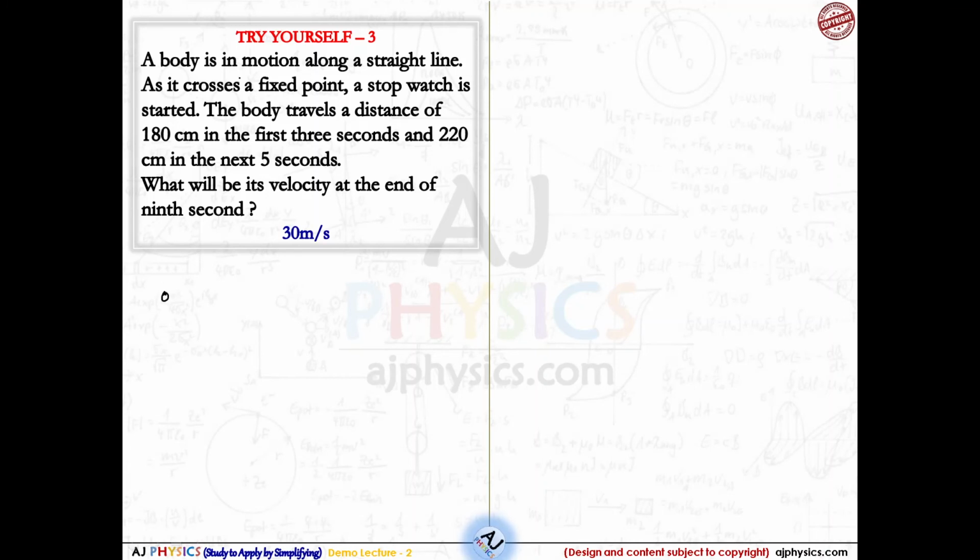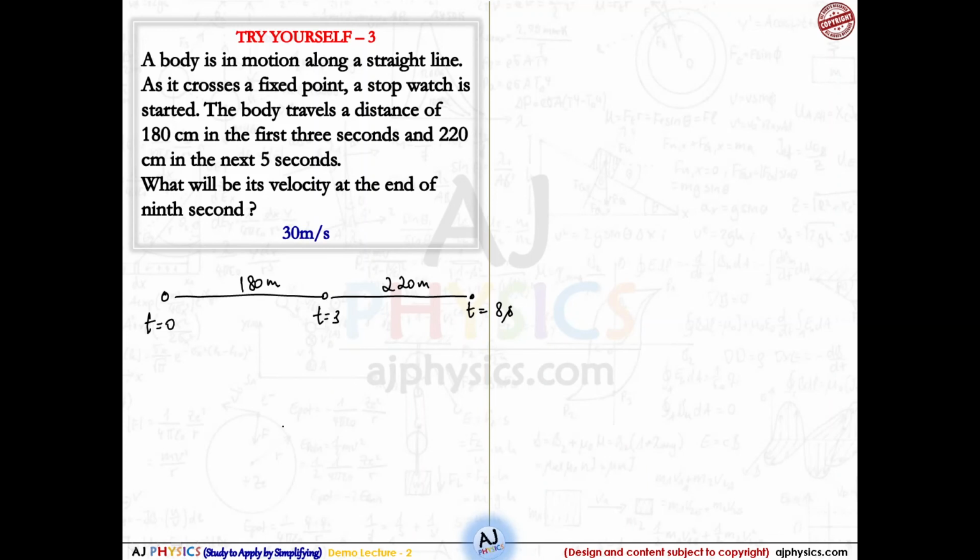There is a body in motion. As it crosses a fixed point, let us suppose this is the fixed point, the stopwatch has started. So this is time 0, and it travels a distance of 180 meter in the first 3 seconds and a distance of 220 meter in the next 5 seconds. So this will be 8 seconds here, with the motion 3 plus 5.